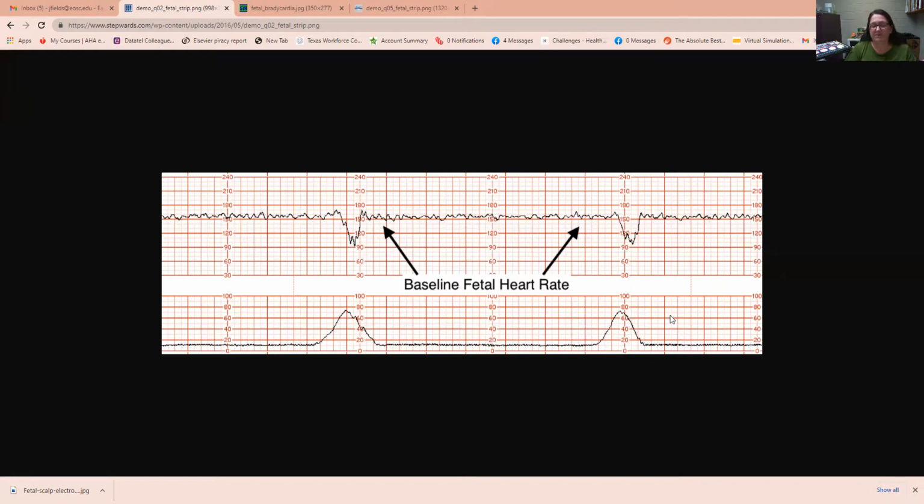Contractions last 30 to 40 seconds. Okay, so I'm going to say how far apart they are, resting tone, how long they last. And then I'm also going to palpate. So I'm going to say contractions palpate moderate with soft resting tone, assuming that's correct.